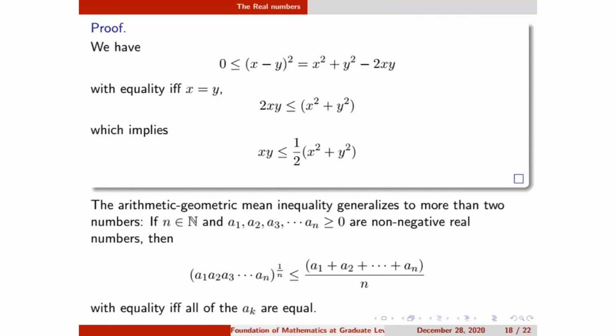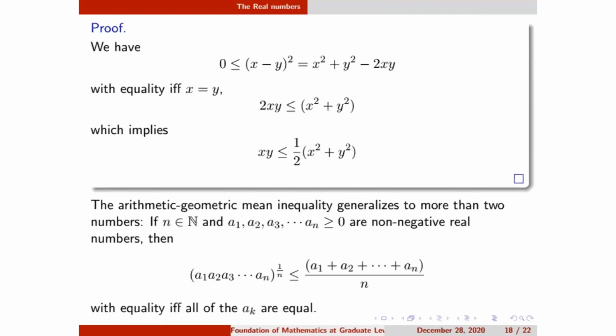So I can generalize this. There were only two numbers; now I'm taking n numbers. I'm generalizing that the arithmetic mean is always greater than or equal to the geometric mean of n elements. Say n is a natural number and a1, a2, a3, up to an are positive real numbers.